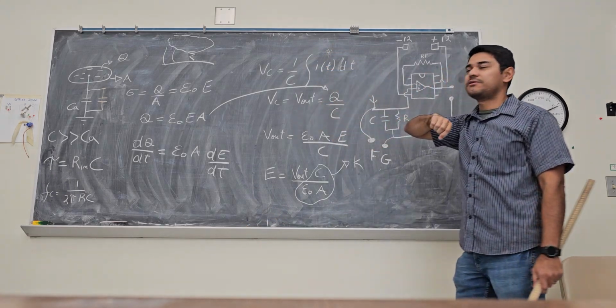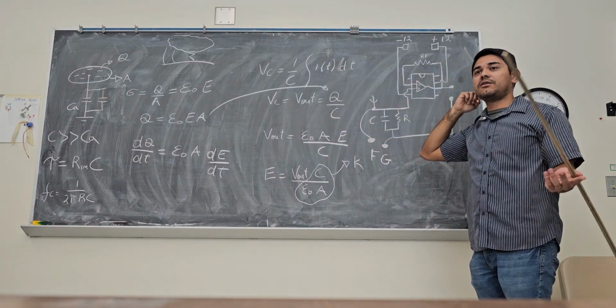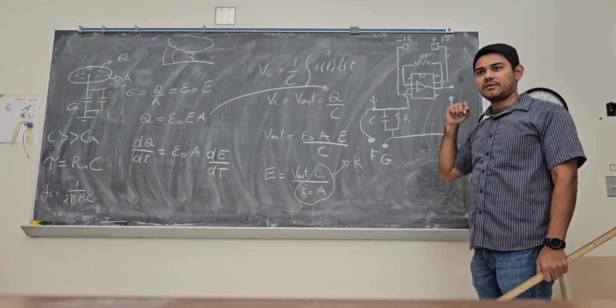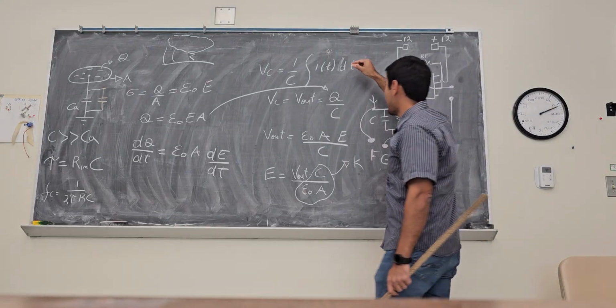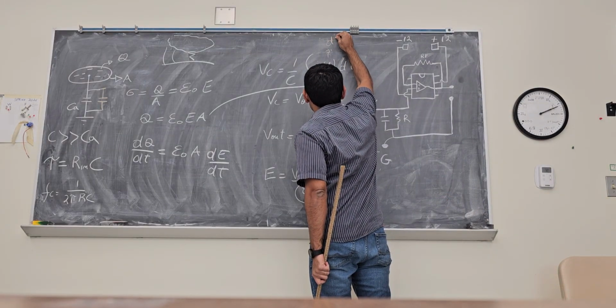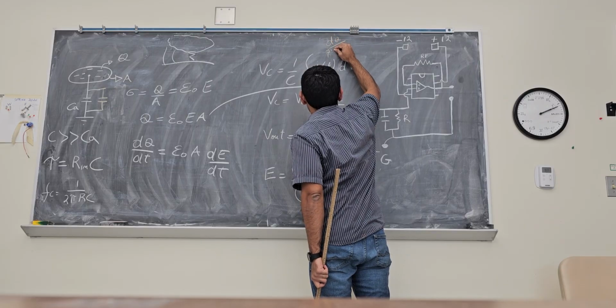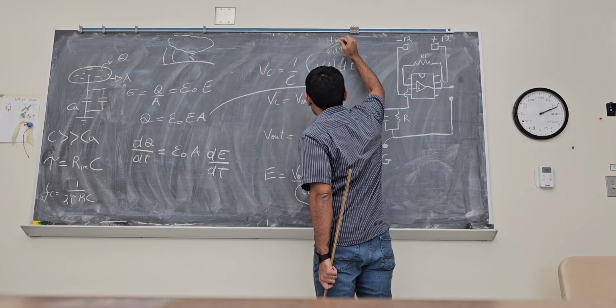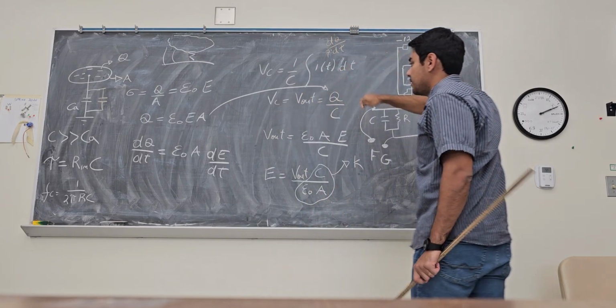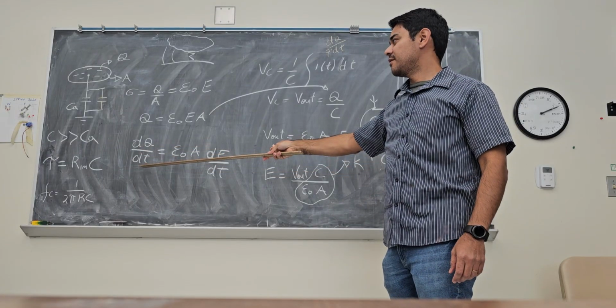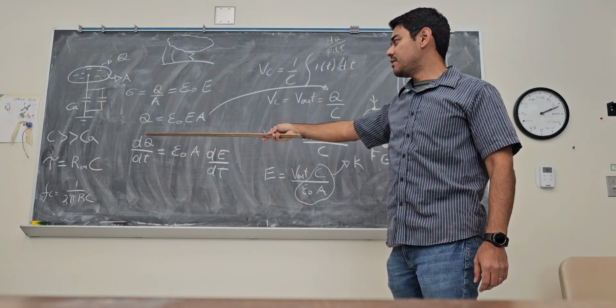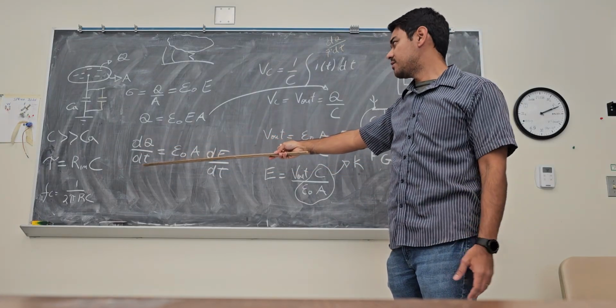And look, what is the current? What is the definition of current? Charge over time. So if I have a certain amount of charge moving over time, I have current. And look here, I have the derivative of the charge over time, which is current.